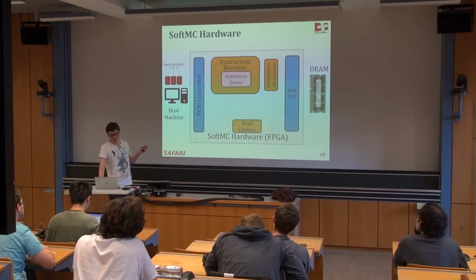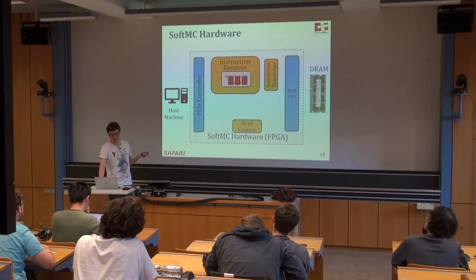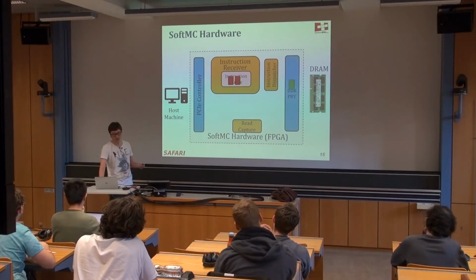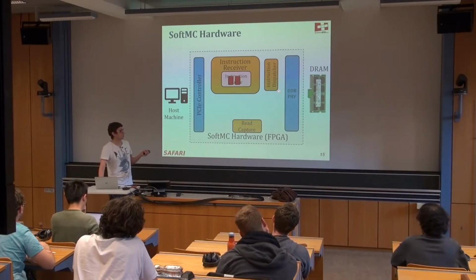So the host machine sends instructions to the instruction receiver, and these are buffered, as I said. After all instructions are received, the instruction dispatcher executes them one by one. In this example, the first command is activate, which tells the DDR5 to issue an activate to the DRAM.